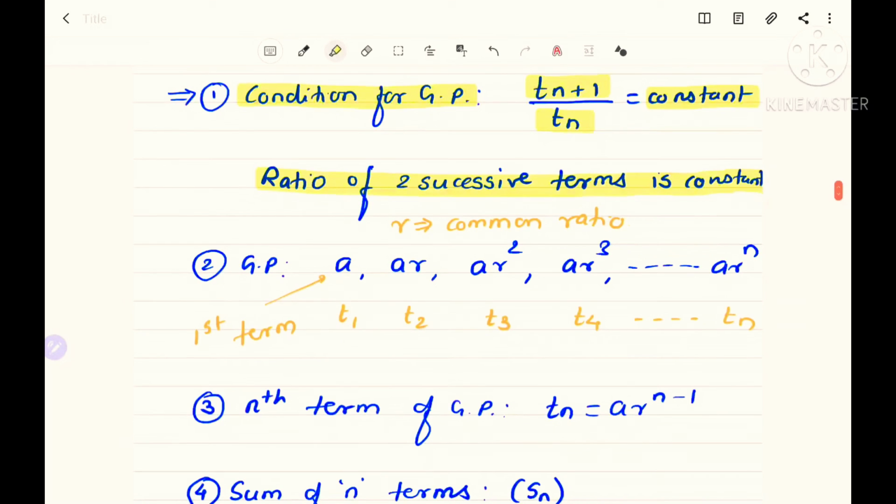If you observe any geometric progression, it will look like A as the first term, AR as the second term, AR square as the third term, AR cube as the fourth term, and so on. And this one is the last, nth term. As basic terminology, you know that the first term of a geometric progression is A, and R is called the common ratio.